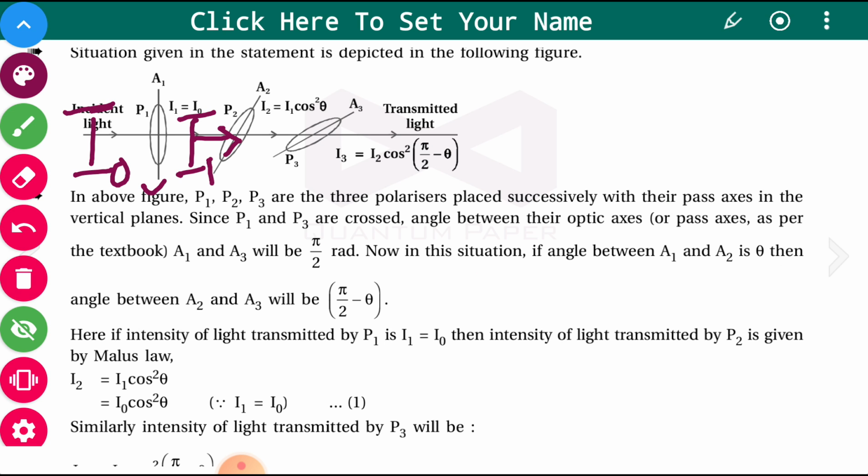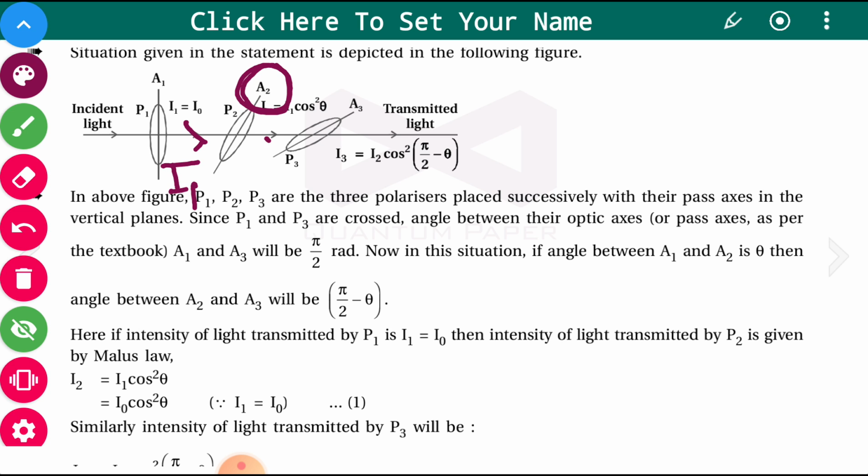So the light coming out from the second has intensity, say, I2. According to Malus law, because these two axes are at an angle theta with each other, I2 is equal to I1 cos square theta, where I1 is the intensity of light incident on the second plate.